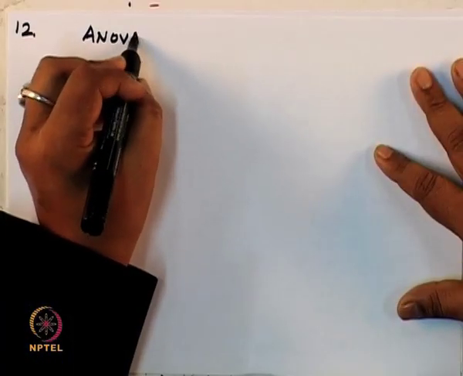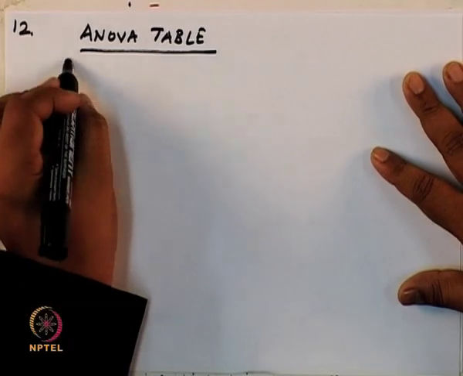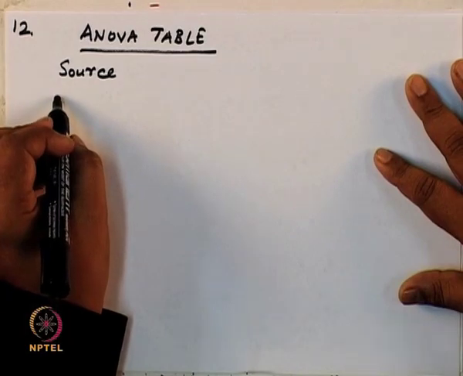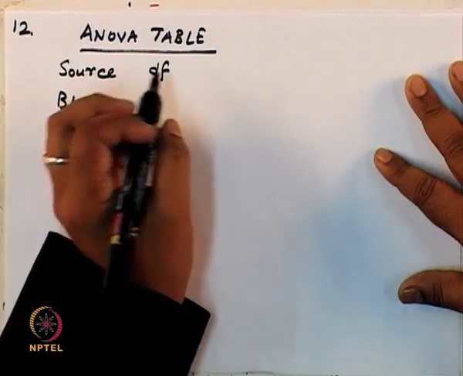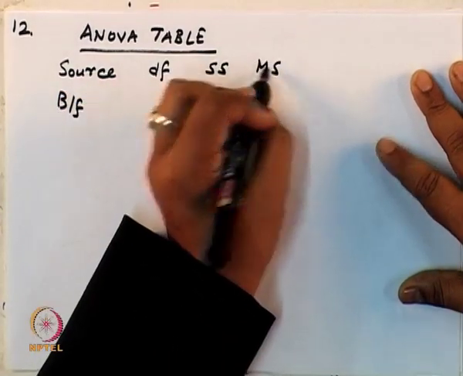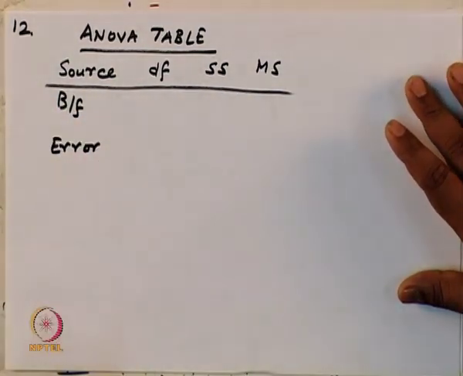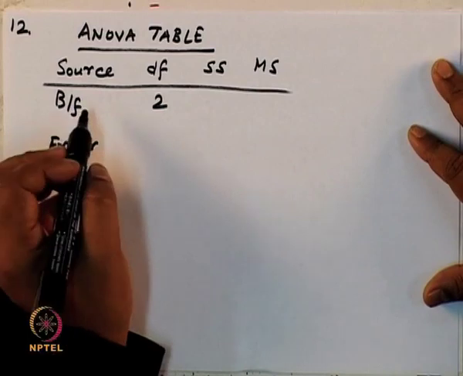Based on these values, we can calculate the ANOVA table. Your source is your meal or breakfast, and error. You have df, SS, and MS. For breakfast, your degrees of freedom is 2 because k is equal to 3.